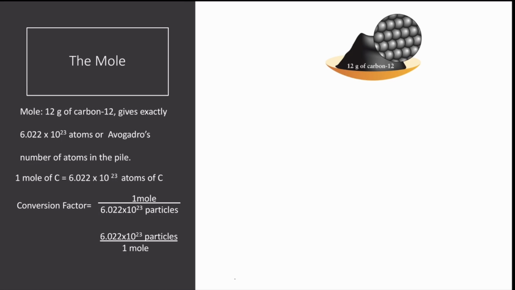Let's define a mole. A mole is the number of atoms that you have in 12 grams of carbon-12, which is the most abundant isotope of carbon. So imagine that you have 12 grams of carbon and you're trying to find the number of atoms here.